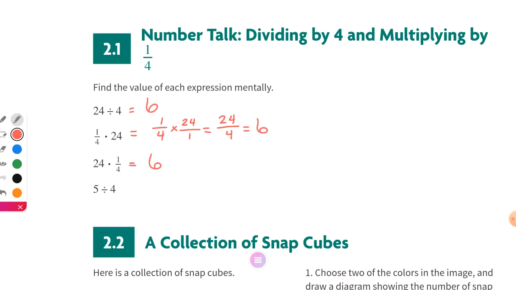Does yours say 5 divided by 4 also? Okay, what's 5 divided by 4? Owen? 1 and 1/4. Or could we say that it's 5/4? Is that the same thing? Yeah. But it's not a good final answer. 1 and 1/4.